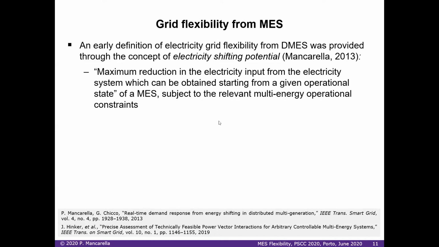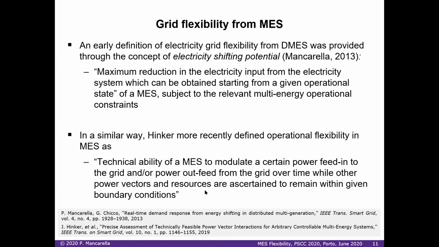When you were doing this, of course, you will still need to consider the relevant multi-energy operational constraints in your model. So effectively, how much can I shift the electricity input from one point to another, given that inside my plant, my energy hub, I can do different kinds of tricks.